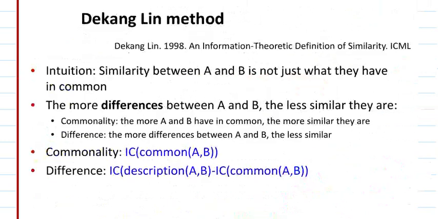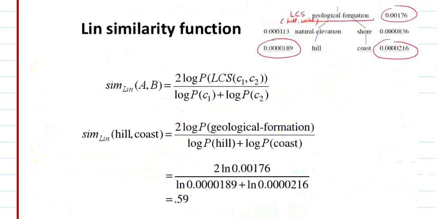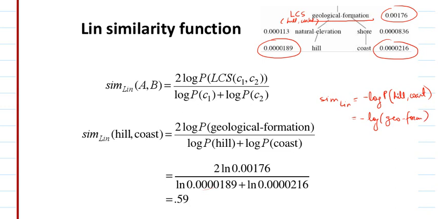So the Resnik similarity of hill and coast is equal to minus log P of geoformation.